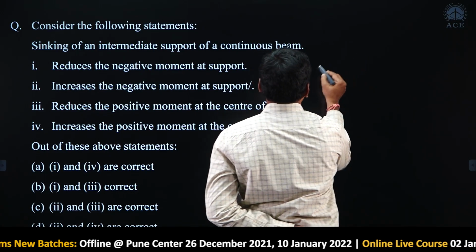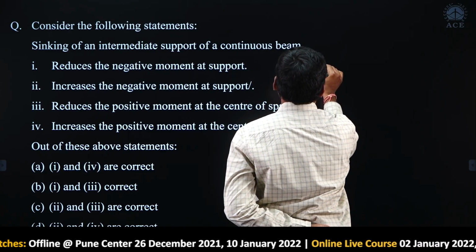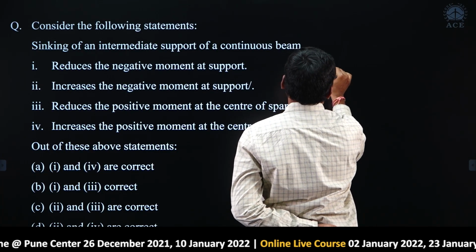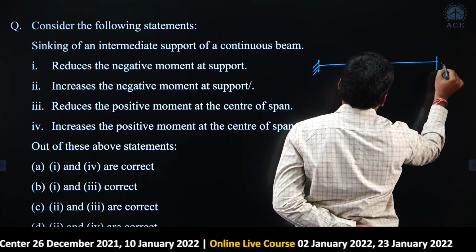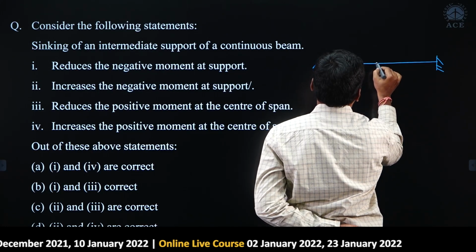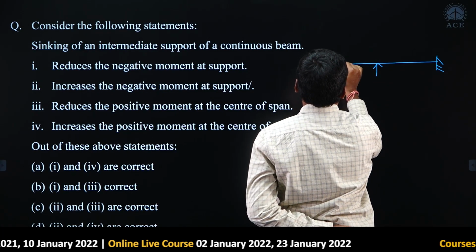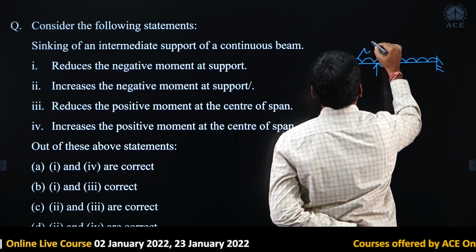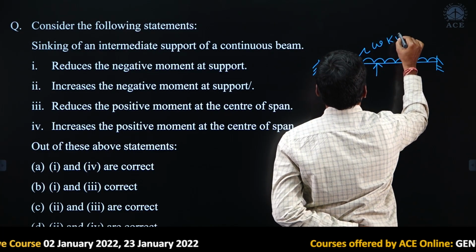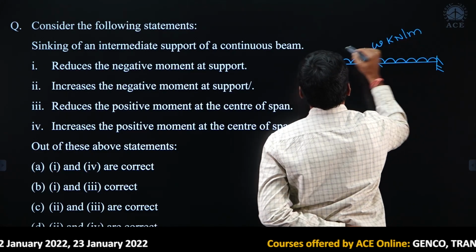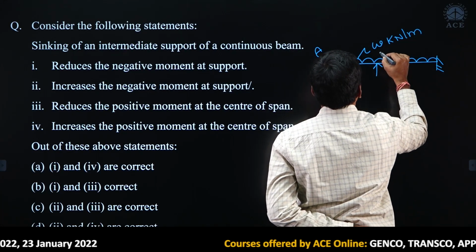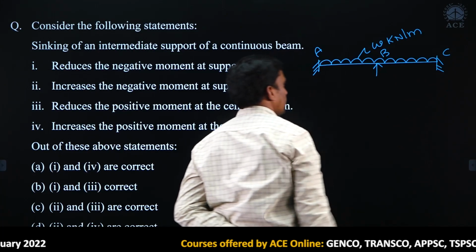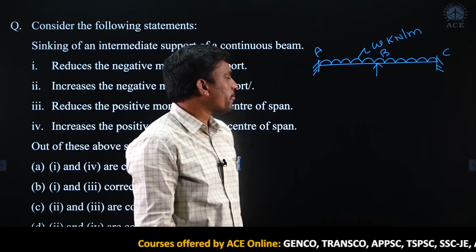Students, for example, this is a continuous beam, okay, this is A, this is B and this is C, okay, right.